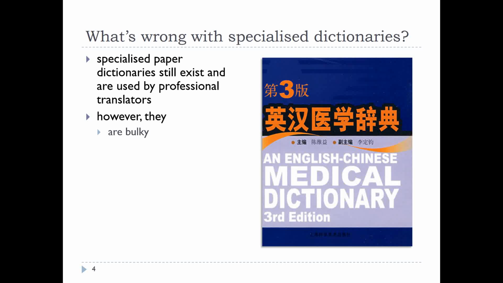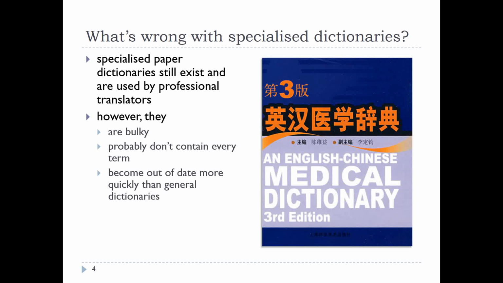However, they're bulky to carry around, which is inconvenient in this day and age, when one often wants to be able to work while on the move. They're also rather expensive, and they may well be incomplete. They probably won't contain every single term that you might find yourself looking for.